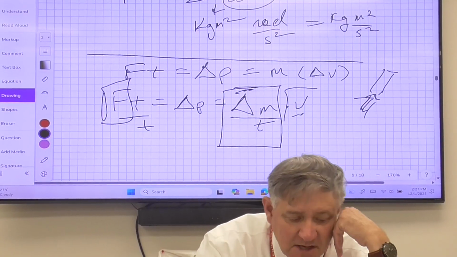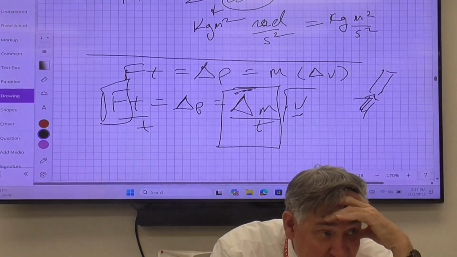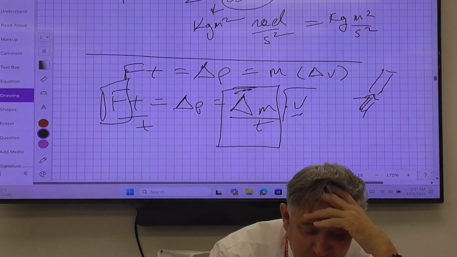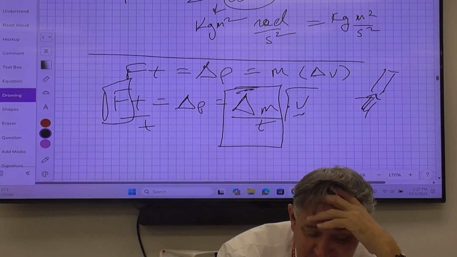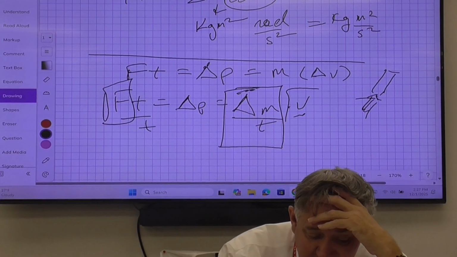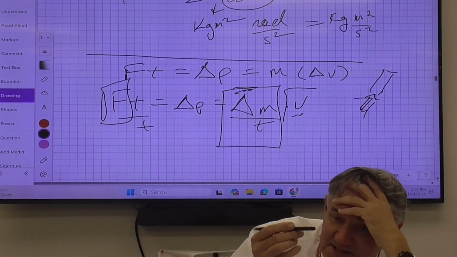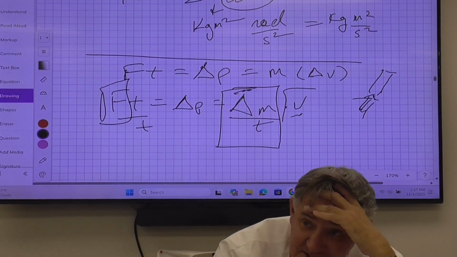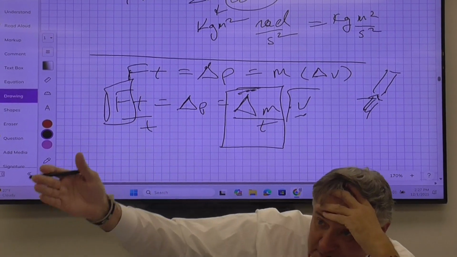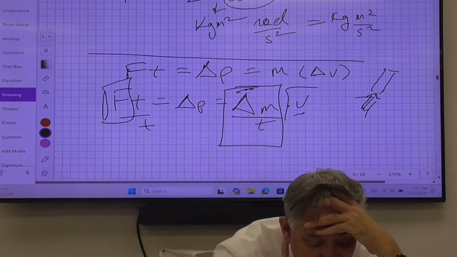Okay, so a lot of these are going to be old school. When you get to number 3, you have a dart compressed against a spring. You have a spring constant. We're going to push against it, let go of it, and launch the dart. Potential energy is going to change into kinetic energy.